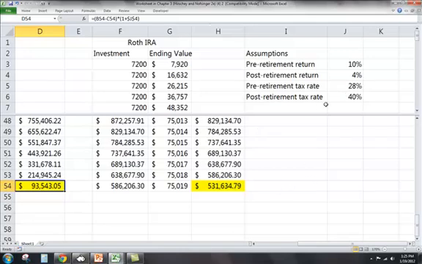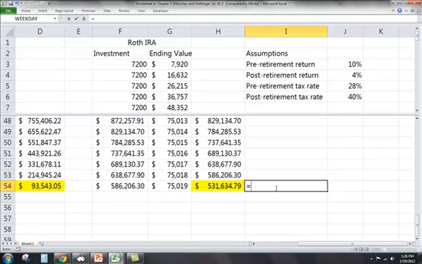And so what I would like to do is solve for how high the tax rate can go up so that, let's say at this point in time, you are indifferent between a Roth versus a traditional IRA. And to do that, I'm going to use Goal Seek, but I can only do Goal Seek on a single cell.